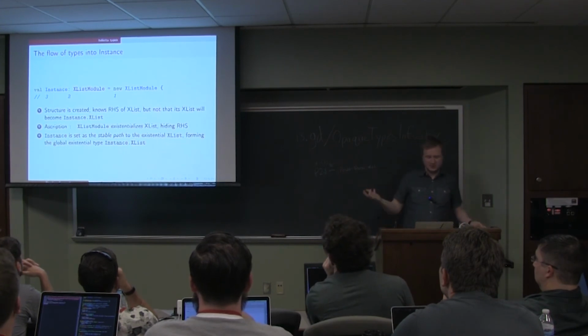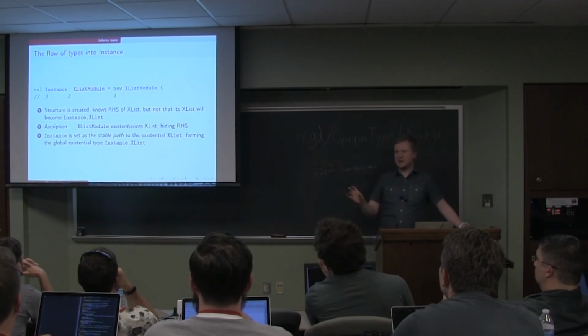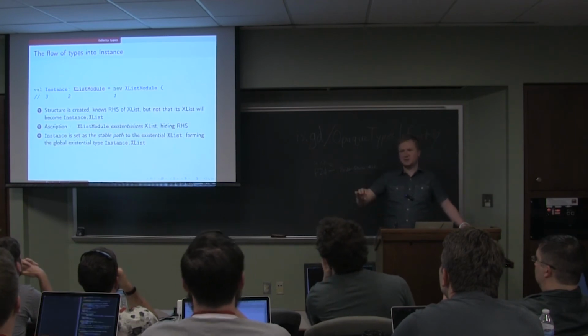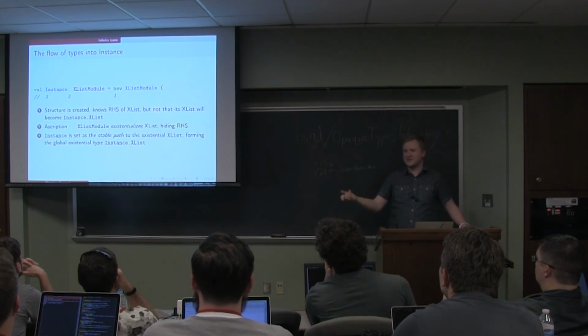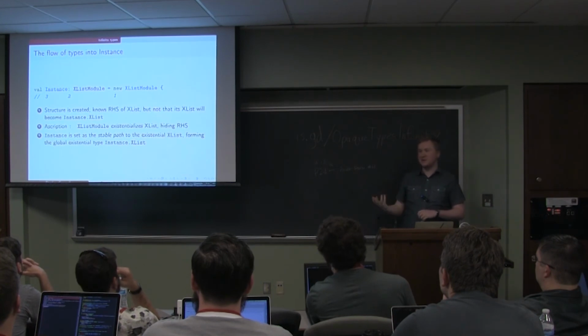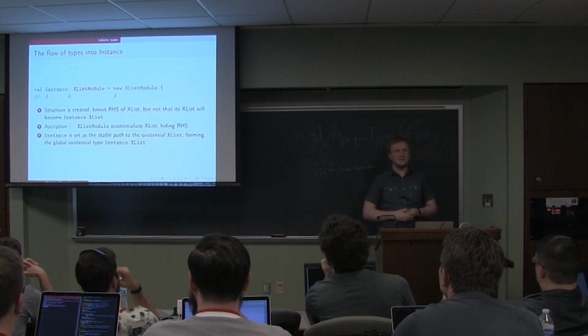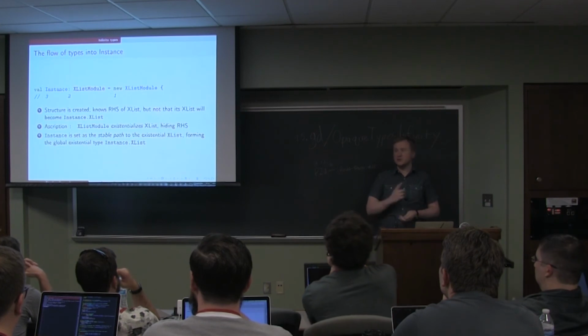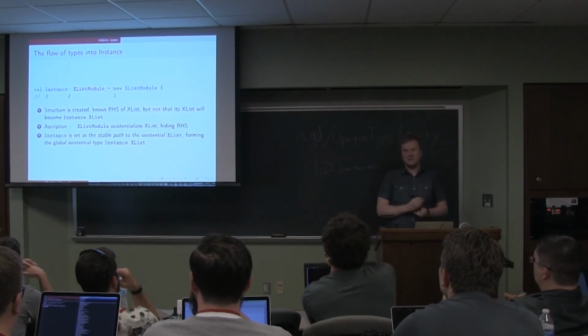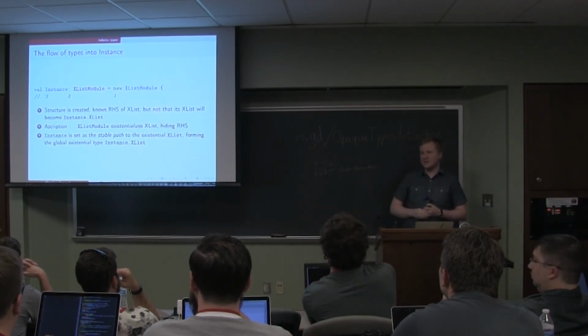So we create the structure. It knows something about the right-hand side. It knows that it's an option. It knows that it has an occurrence of instance.xlist within it. But it doesn't know that its own xlist is going to become instance.xlist. So we go ahead and we infer the type of the structure, which still has that information about what xlist is. But then we use this description to widen it, and we throw away what xlist is equal to.